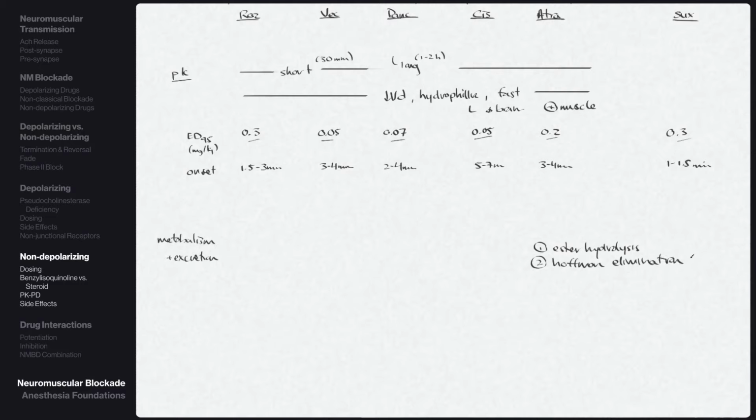This is very similar to our remifentanil, where we have ester hydrolysis of our molecule into two different breakdown products. This is not related to our pseudocholinesterase, but other non-specific esters that lead to the hydrolysis and breakdown of our atracurium and cisatracurium. And as well, we have Hofmann elimination. And remember, the same thing occurs with remifentanil, where when you inject the medication into the serum, it has a natural degradation, irrespective of any enzyme breaking it down.